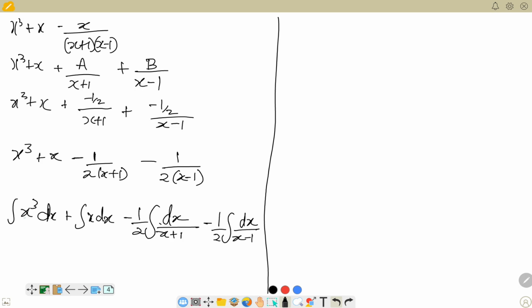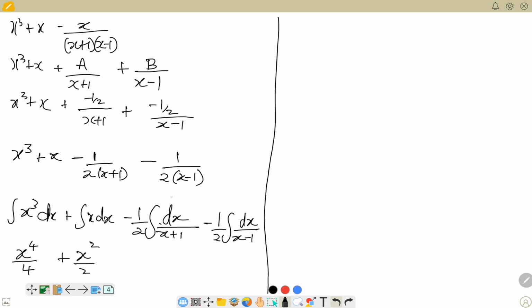So from here, when we integrate x to the power 3, we get x to the power 4 over 4. When we integrate x, we get x to the power 2 over 2.